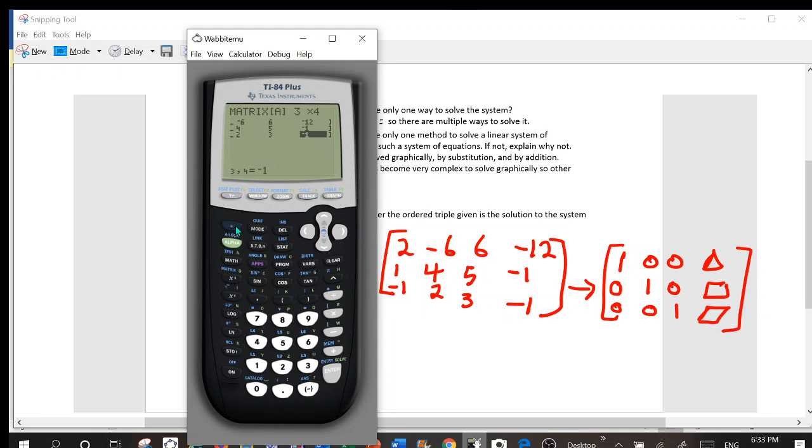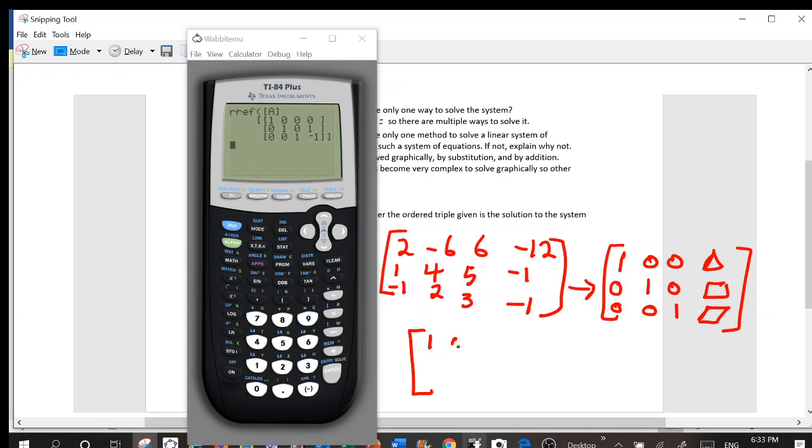All right, now I want to get out of here and go to matrix and math and pick the same RREF, and then we're going to put matrix A in there and press enter. There. So we got the solution in a second.